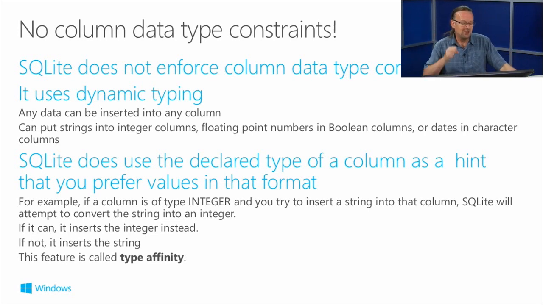And so this feature is called type affinity. It's kind of weird. Basically, the classical example, if you have a column of type integer and try and insert a string into that column, SQLite will kind of do an int.parse on it to try and turn it into an integer, and if it can't, it will just store the string. Now, there's not many application usages for this, but it does allow you to have almost a, what was the thing in Visual Basic?